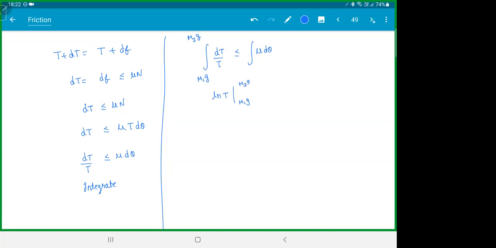Let me do one thing, I'll do it more generally, T1 to T2. You end up with ln T2 by T1 is less than or equal to mu theta. So we get tension T2 should be less than or equal to T1 e power mu theta. You get an exponential function. This is the horizontal direction.